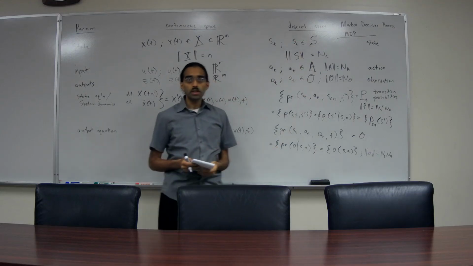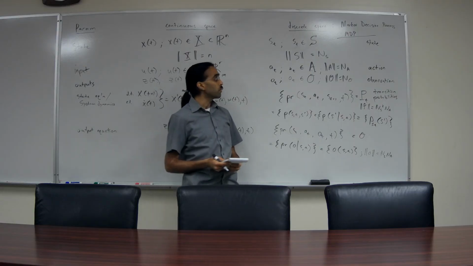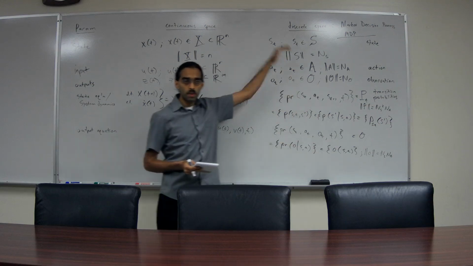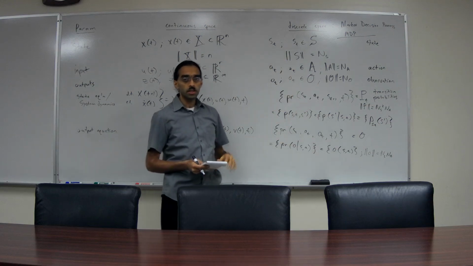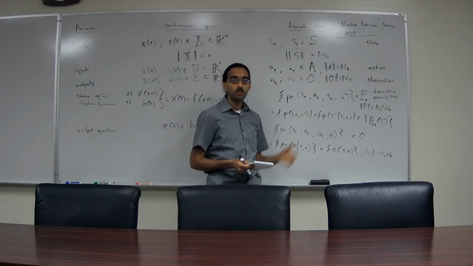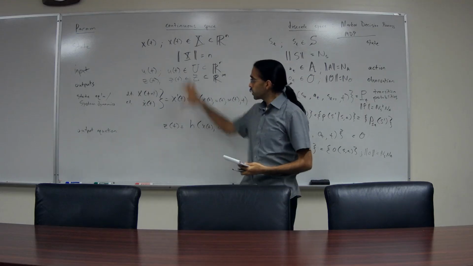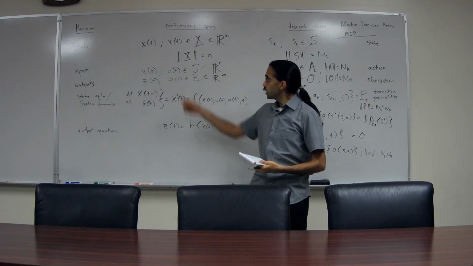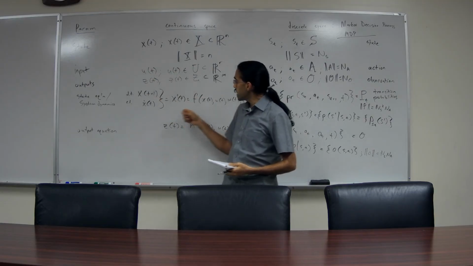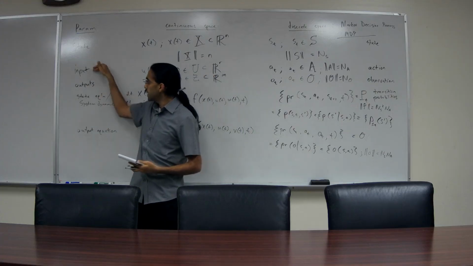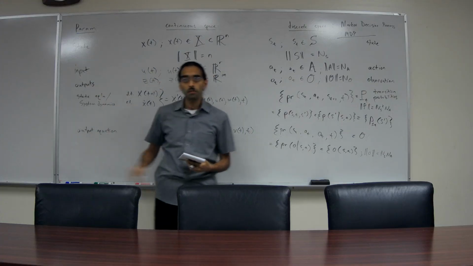And since we're going to define our state to be Markov, we will be able to use this framework to talk about discrete space problems. When we talk about continuous space problems, we're going to use this. And we'll use the letters X, U, Z, F, and H in general to refer to states, inputs, outputs, system dynamics, and output equations.